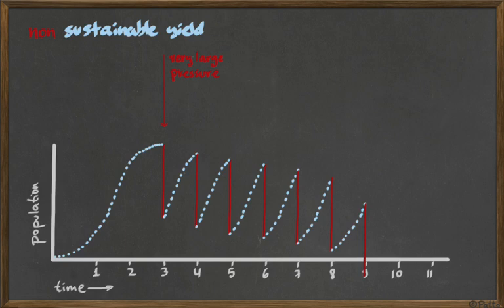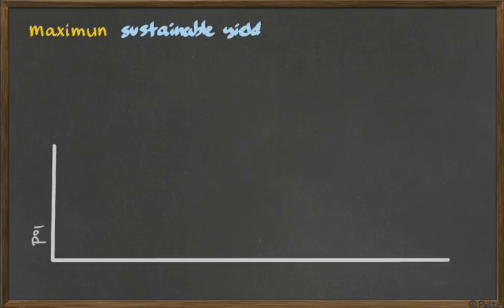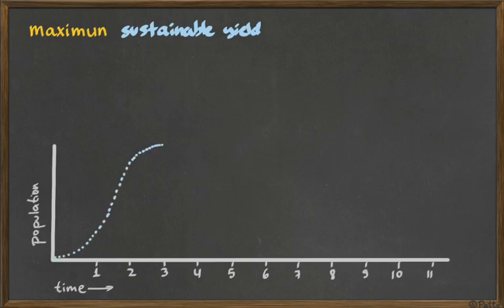So what would be the ideal? The ideal would be to set a maximum sustainable yield. What's the maximum that can be fished while still keeping it sustainable? One idea is to fish a certain amount, and it's quite a lot.